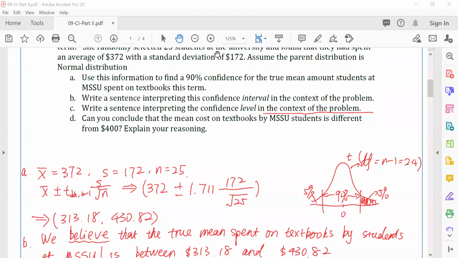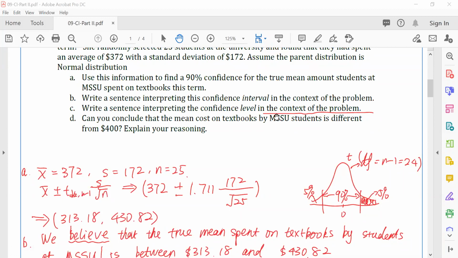Yes. So the correct answer is a no, because you see this confidence interval here, right? This 400 falls into this confidence interval. This confidence interval is our 90% confidence interval, right? So it is very likely that the true mean is in this interval.